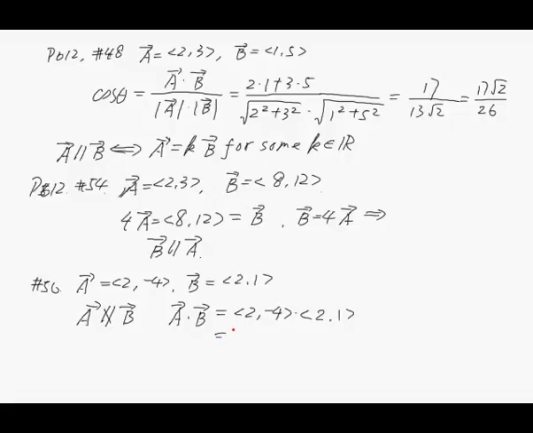Then you have 2 times 2 plus -4 times 1. So you have 4 minus 4, which is equal to 0. So that means A is perpendicular to vector B.